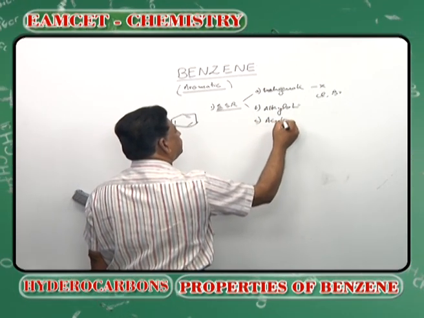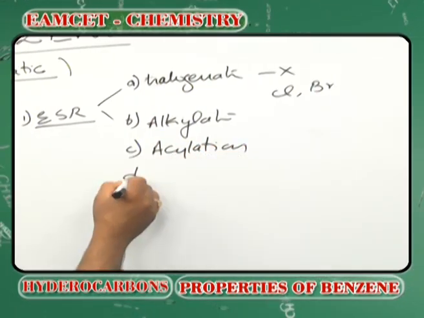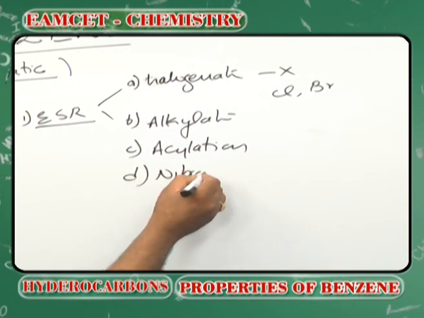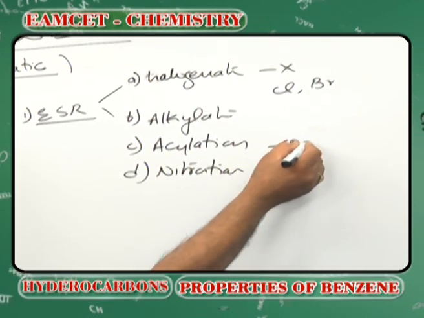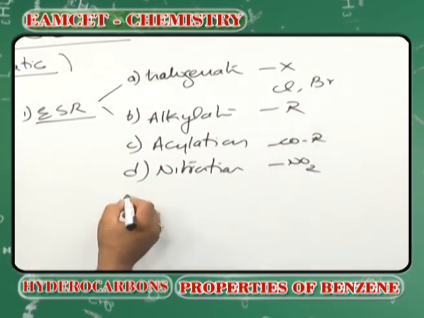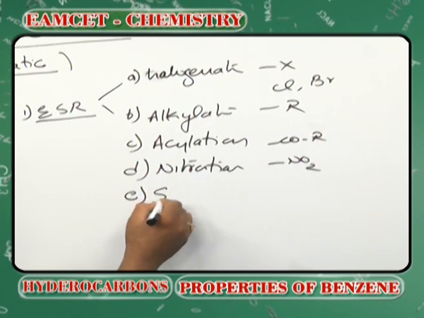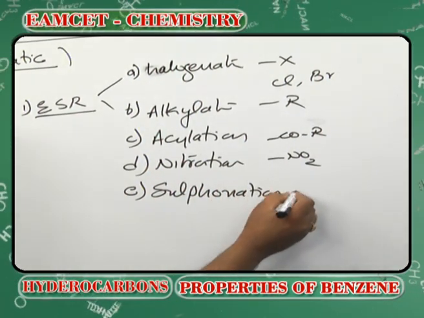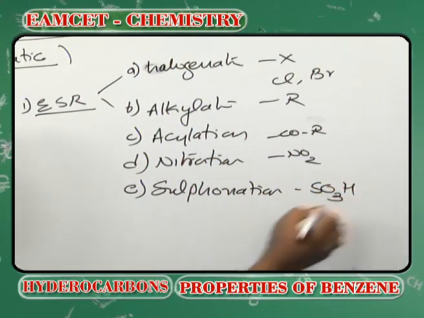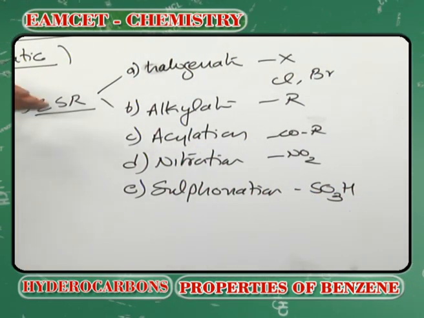acylation, nitration, introduction of the NO2 group, introduction of the OCOR group, introduction of the R group, and the 5th one is sulfonation, introduction of the SO3H group. So halogenation, alkylation.